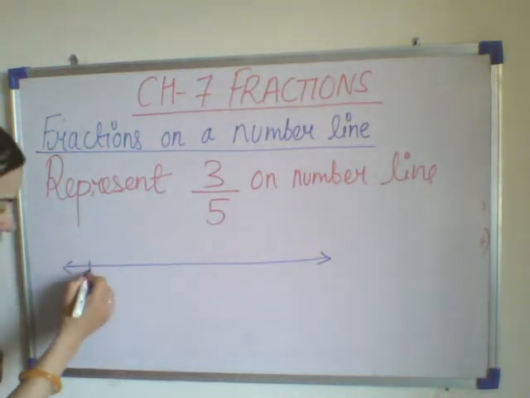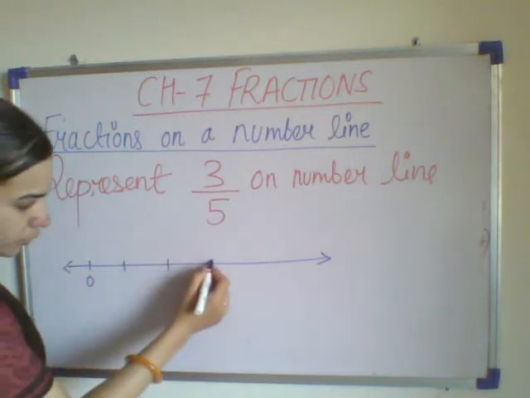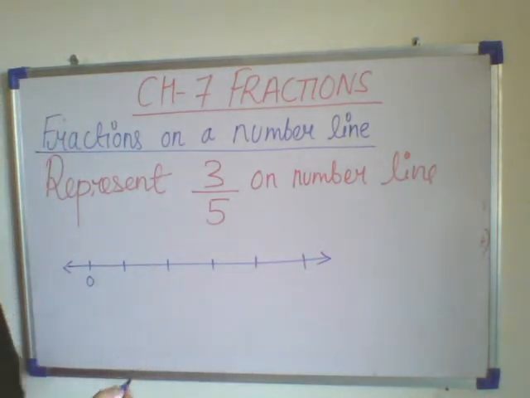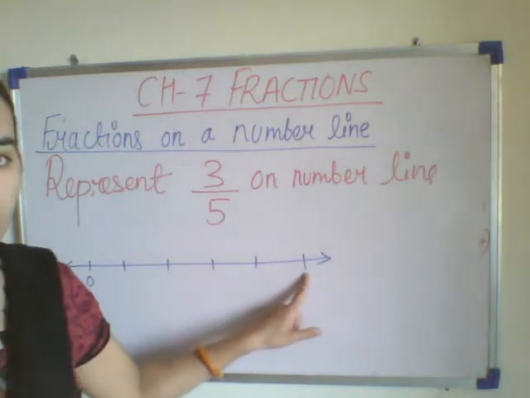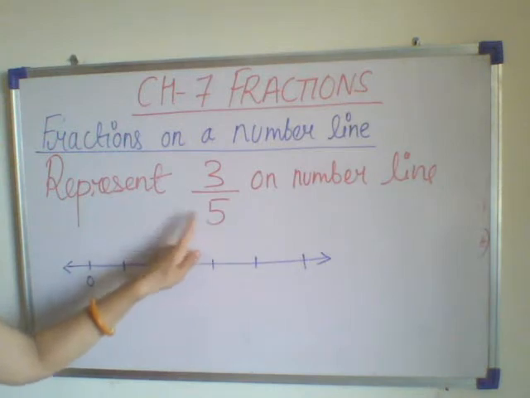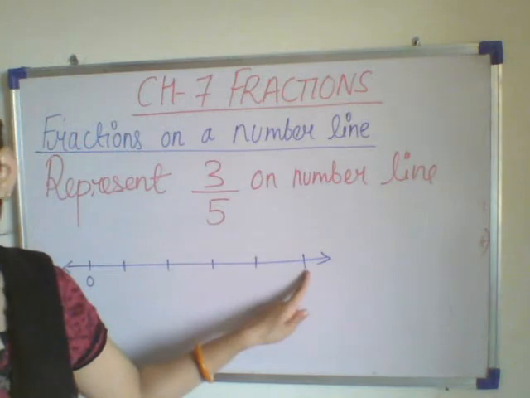So we will be starting from here 0, 1, 2, 3, 4 and this is 5. We have divided this line segment into 5 equal parts. Why? Because in the denominator it is written as 5. So we have to divide this line segment into 5 equal parts.